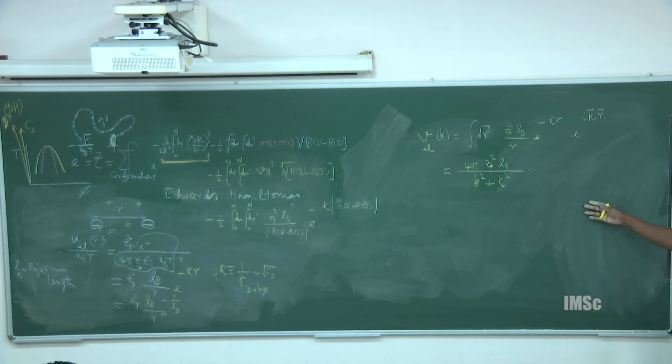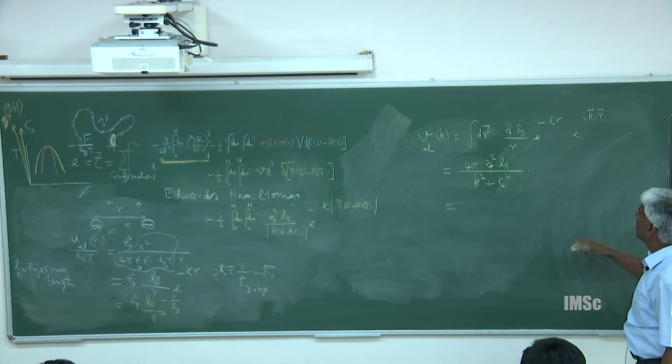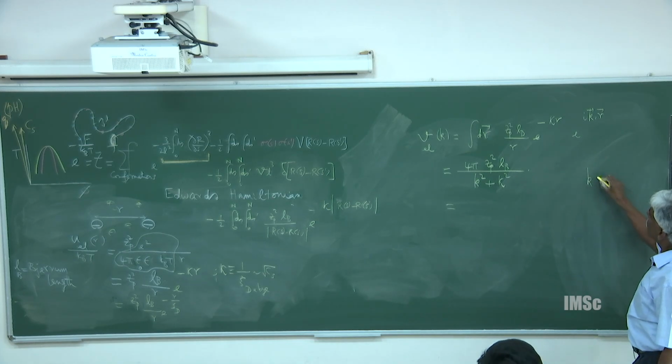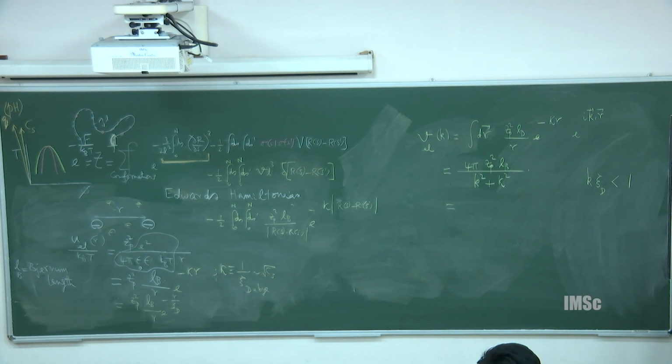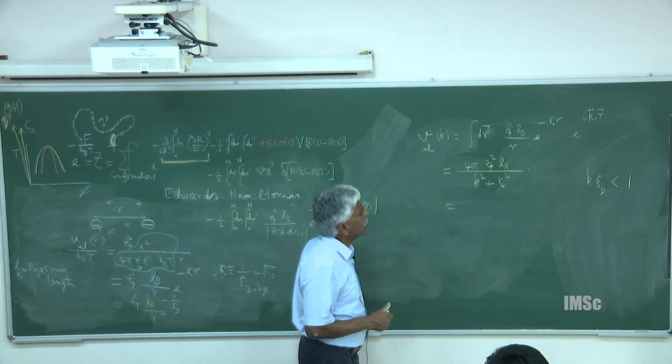The reason I am doing this in Fourier space is the following. Let us look at this one. Suppose k times the Debye length is small. The Debye length is the reciprocal of kappa, right? That means kappa is large. When kappa is large, the Debye length is small.